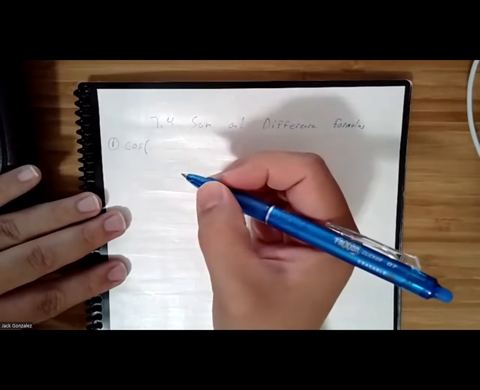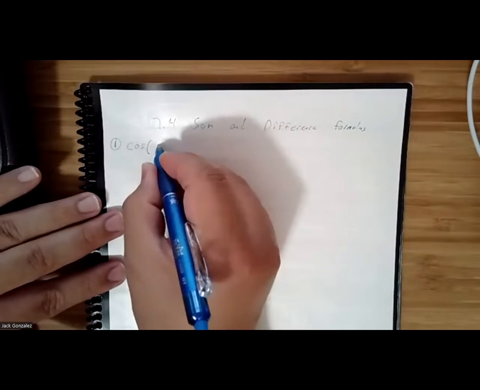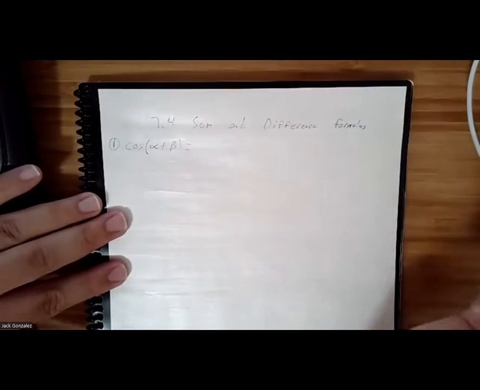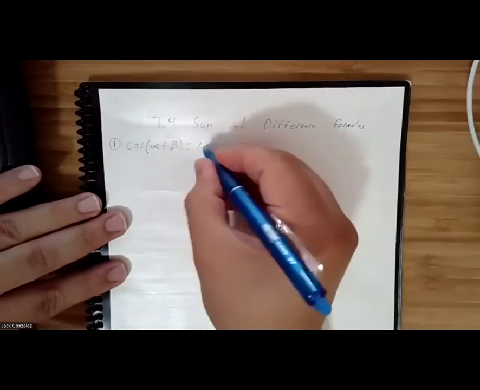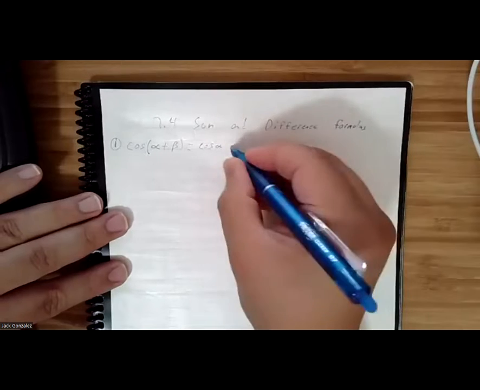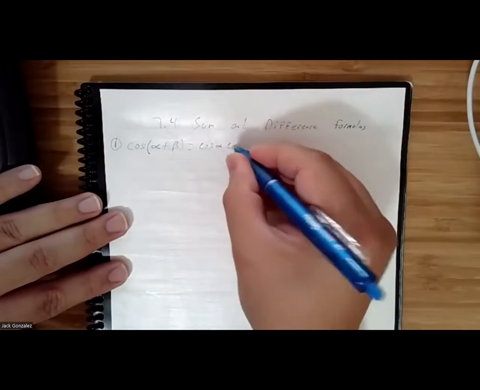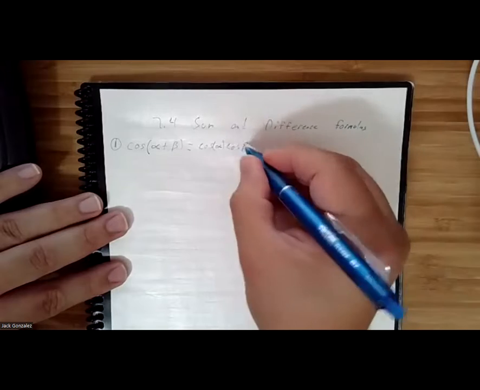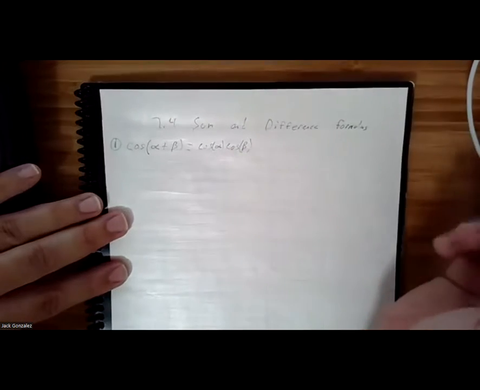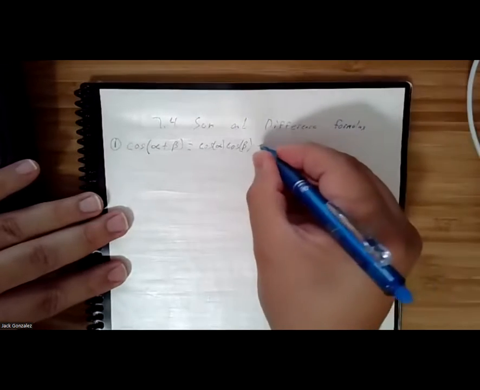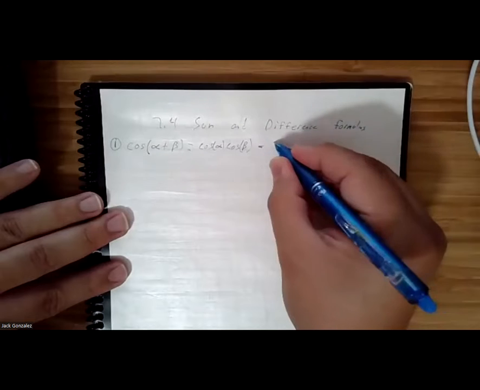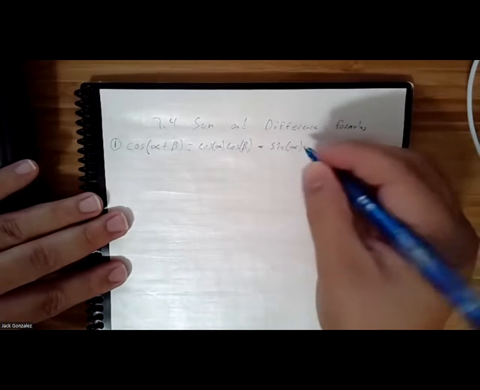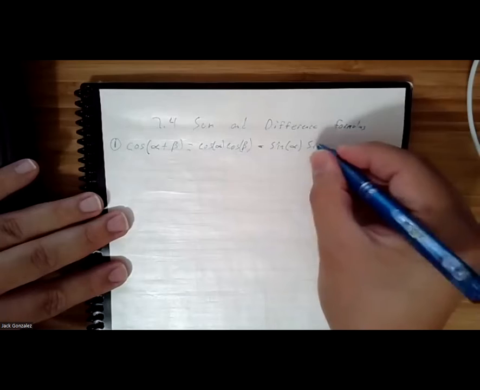All right, so we'll call the two angles alpha and beta. So right here, cosine of alpha plus beta is going to equal cosine alpha times cosine beta. I guess we could put parentheses right here. You don't have to, but it helps. Minus sine alpha sine beta.